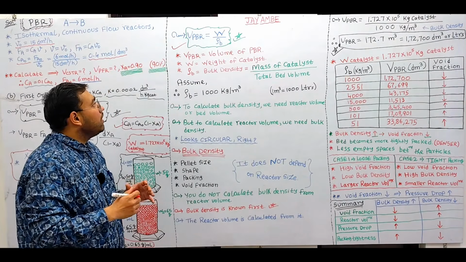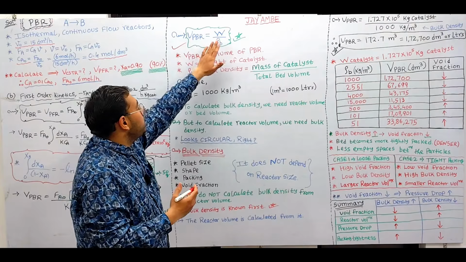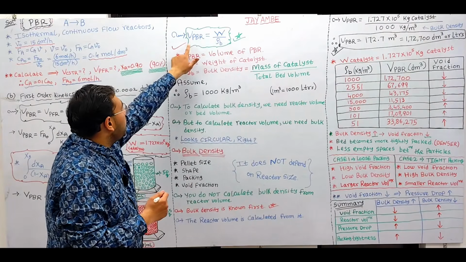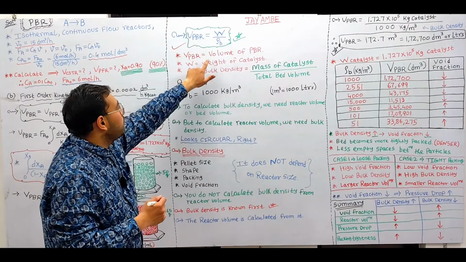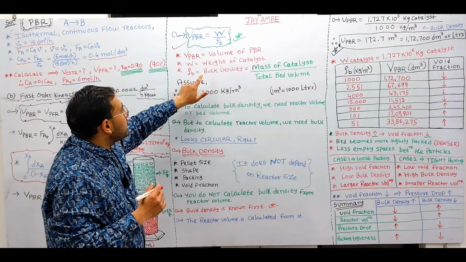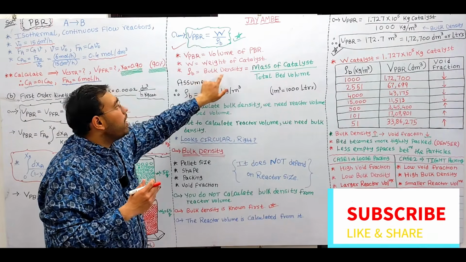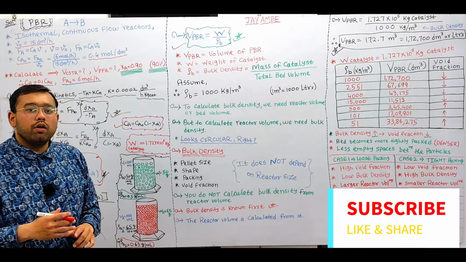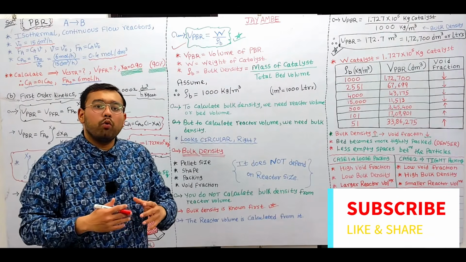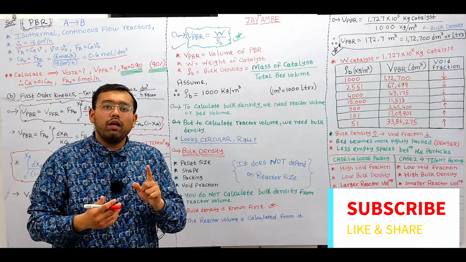Here we'll understand all the terms individually. V_PBR represents the volume of the packed bed reactor, W represents the weight of the catalyst, and rho_B represents bulk density, right? Now here we will understand one more new term, which is bulk density.